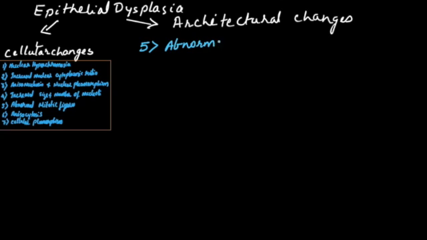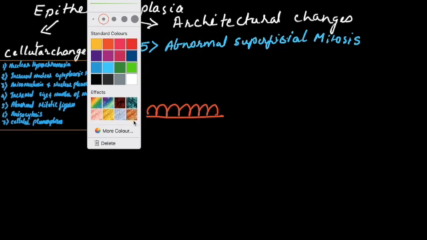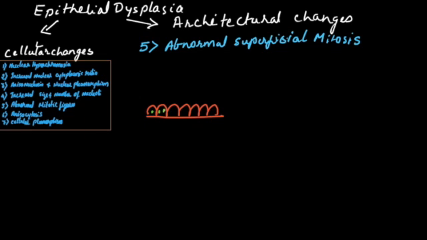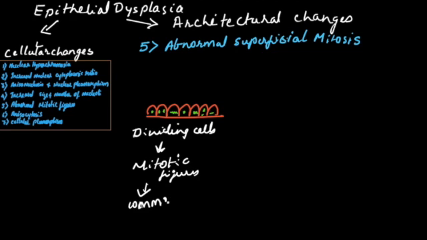Fifth architectural change is abnormal superficial mitosis. Here the basal cells I have drawn, and the basal cell showing mitotic figures is quite common because these are the dividing cells. Mitosis is common here. But if the mitosis is seen in the superficial cells, that is abnormal.